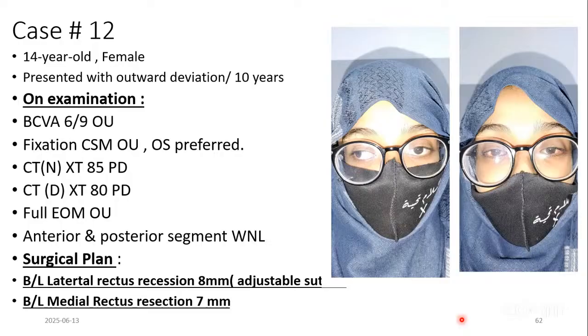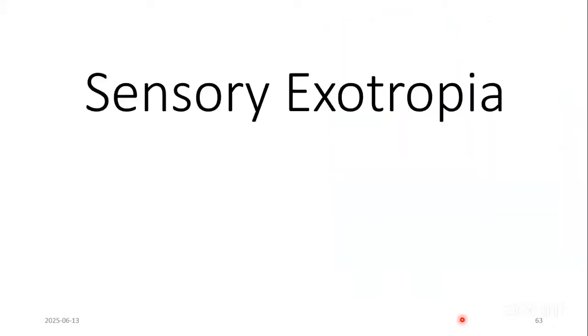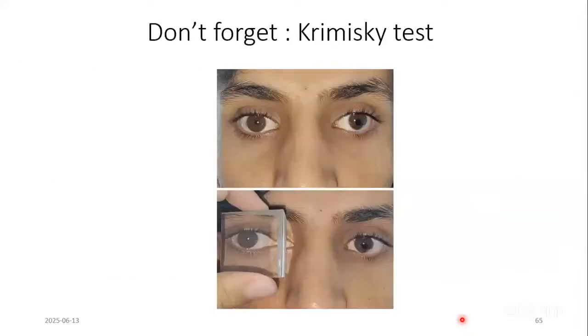So I hope with those 12 cases and with the discussion, esotropia and exotropia is now more understandable. I think we have only the sensory exotropia in this patient. The patient is having very poor vision in this eye. You see the peaked pupil.